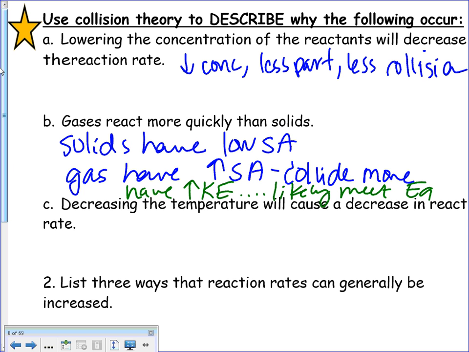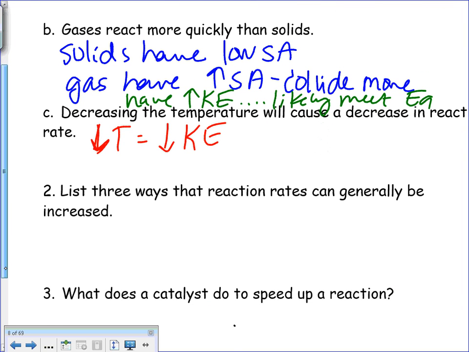Decreasing the temperature will cause a decrease in reaction rate. So we know that's a true statement. Audrey, go for it. If there's less temperature, then there won't be as much kinetic energy, so they won't collide as hard. Okay, so there's actually two parts to this one. Make sure you represent this in a twofold representation. Decreasing temperature decreases kinetic energy, so that's going to do one. What did you say first?